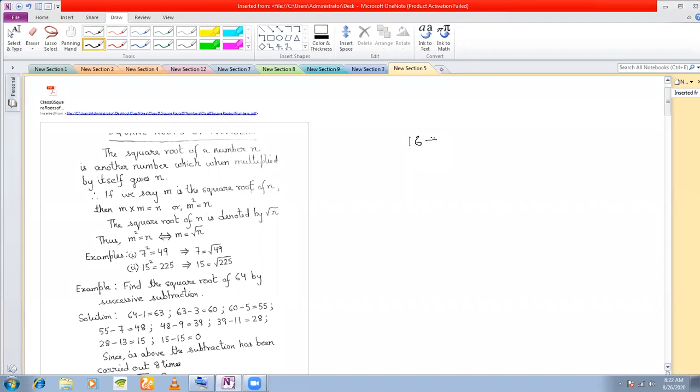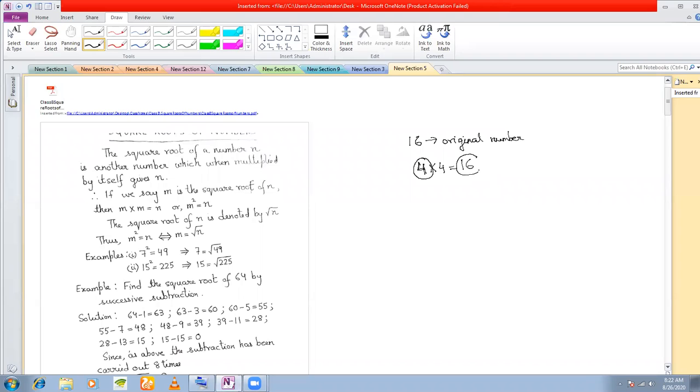So this is your original number. And we have a number 4. This number 4, when multiplied by itself, will give us the original number. So then this number is called the square root.